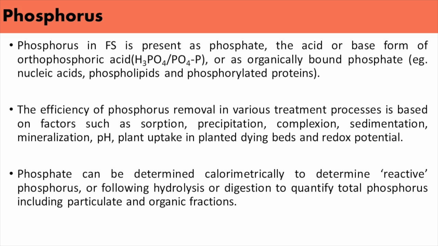The efficiency of phosphorus removal in various treatment processes is based on factors such as adsorption, precipitation, complexation, sedimentation, mineralization, pH, plant uptake in planted drying beds and redox potential. Phosphate can be determined colorimetrically to determine reactive phosphorus, or following hydrolysis or digestion to quantify total phosphorus, including particulate and organic fractions.